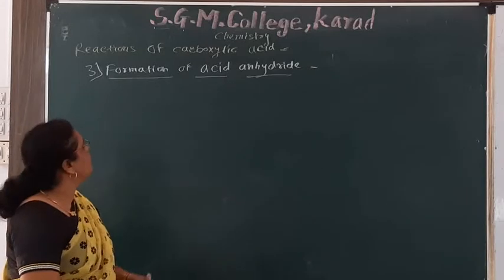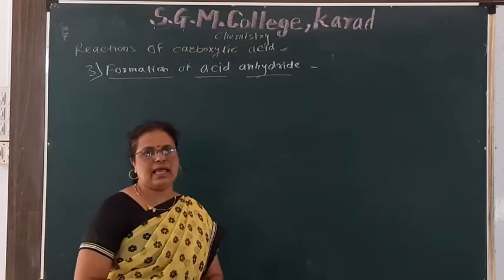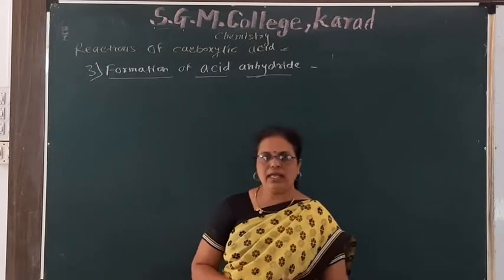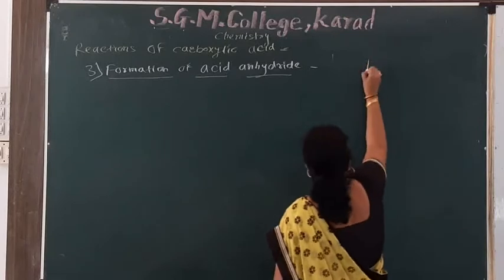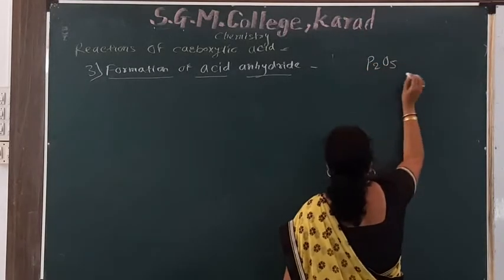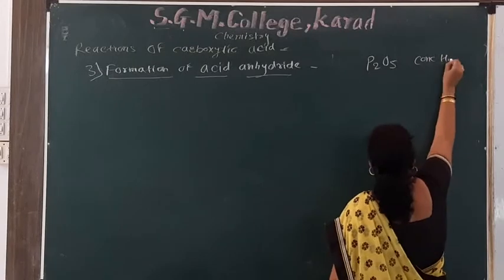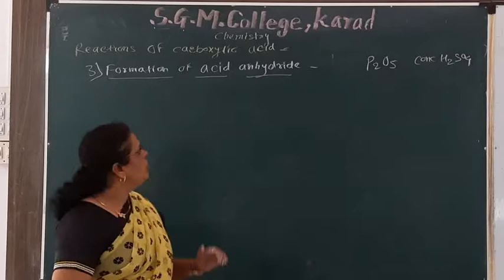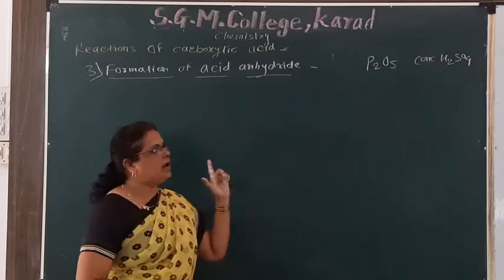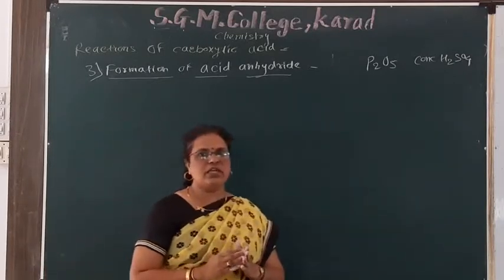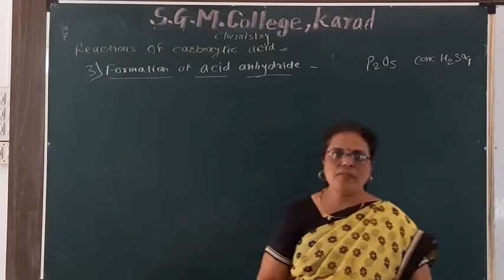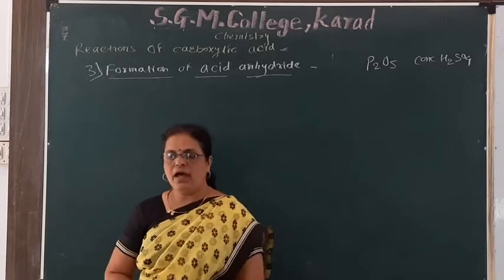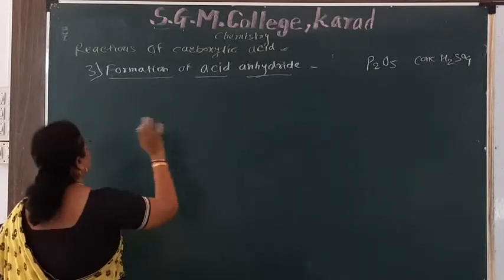In this reaction, when monocarboxylic acid is heated with a dehydrating agent like P2O5 or concentrated sulfuric acid, then two molecules of carboxylic acid condense with each other with loss of water molecule and acid anhydride is formed. Here take a general reaction.